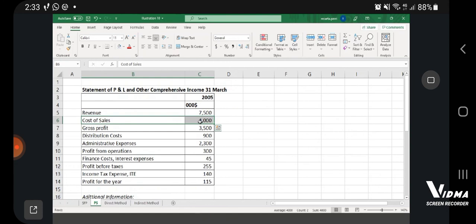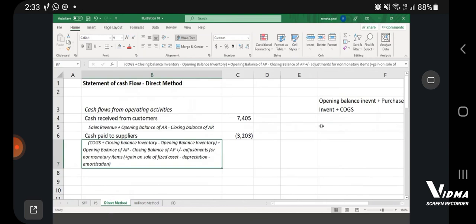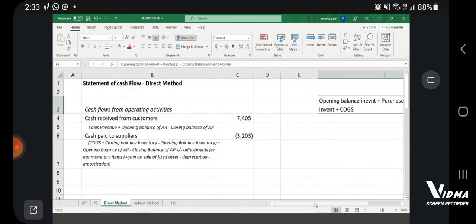That is, not how large is the cost of sales, but exactly how much money did I pay to the suppliers. Okay? So in order to calculate the money paid to the suppliers, we start with cost of sales and we adjust the balance of cost of sales with at least two items from the statement of financial position. The first item that I need to do the adjustment for has to do with inventory.